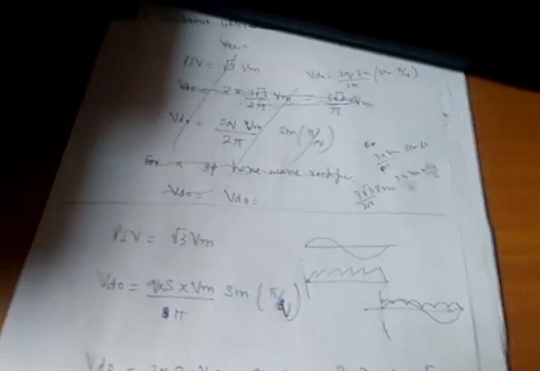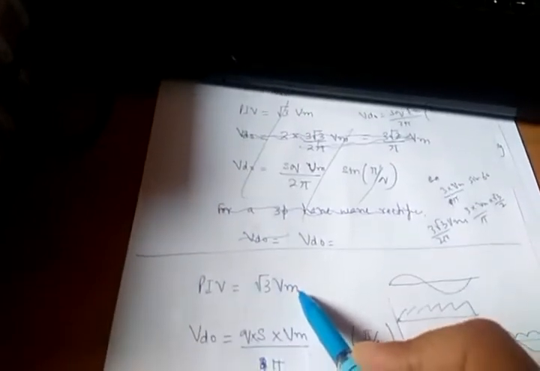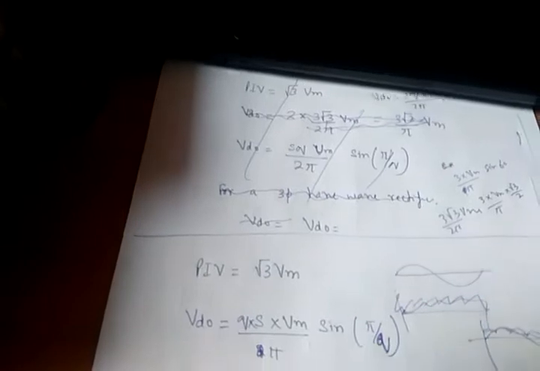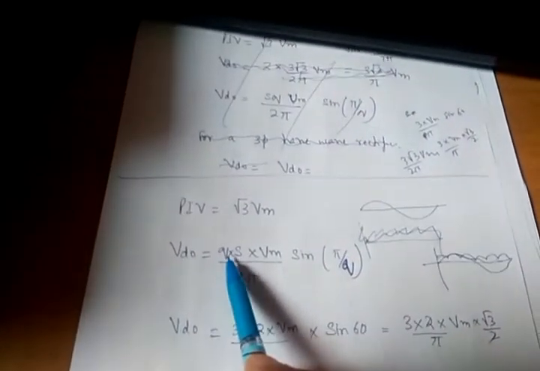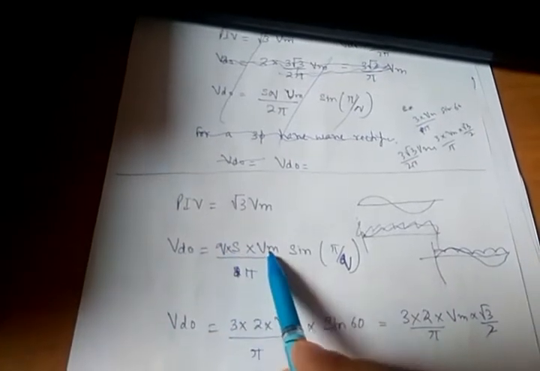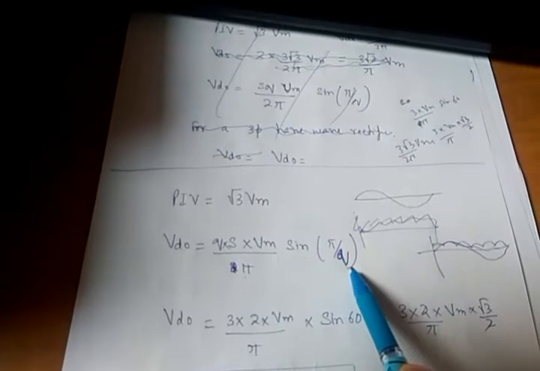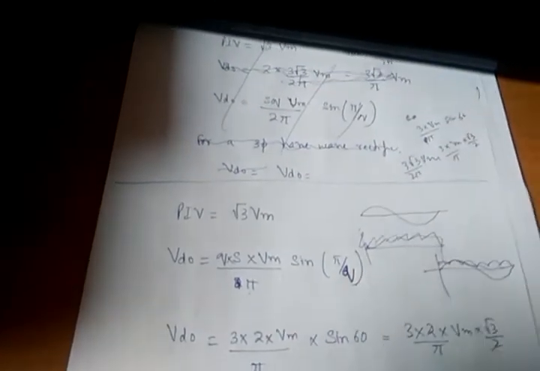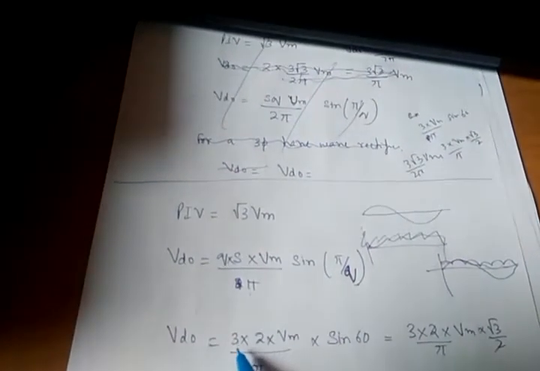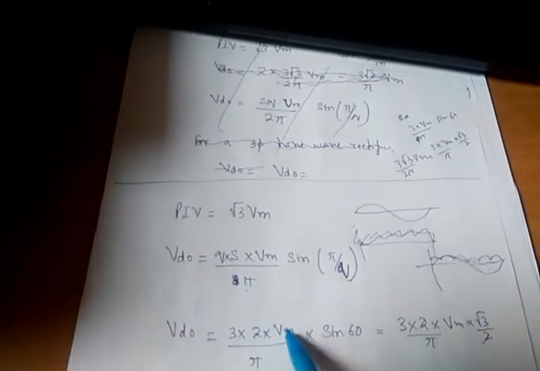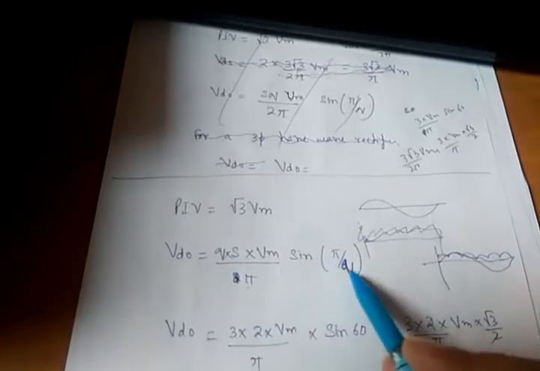Okay. So in this case, peak inverse voltage will be nothing but root 3 Vm. And average output voltage, I will give you a general formula. Average output voltage will be given by Q into S into Vm divided by pi sine of pi by Q. So in this case, Q is 3, S is 1, Vm as it is, pi as it is, sine pi by Q. What is Q?